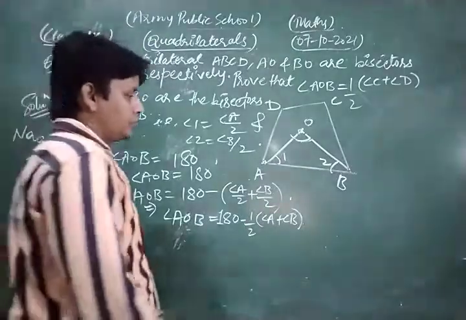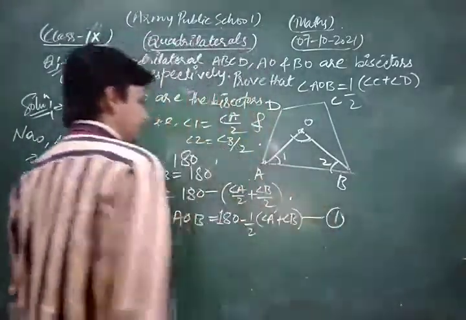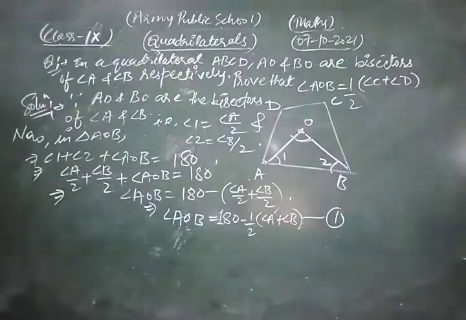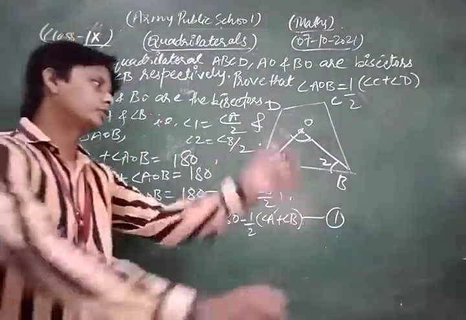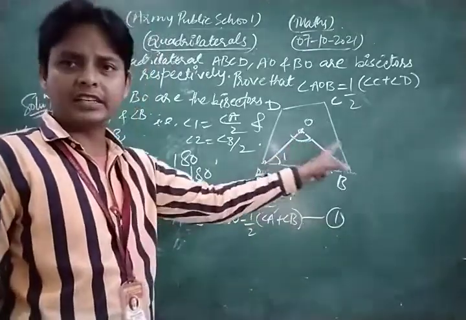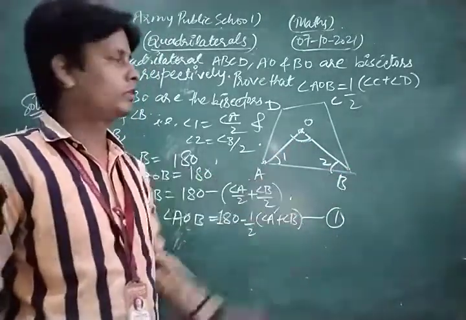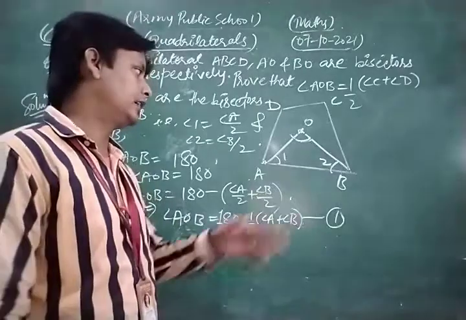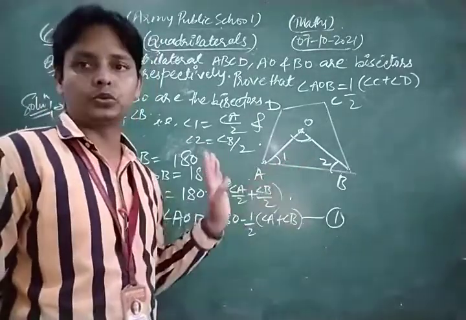Okay, now we take equation number 1. Let's see once more. So dear student, first of all, this is a triangle AOB. In that triangle we take this as angle 1 and this as angle 2.